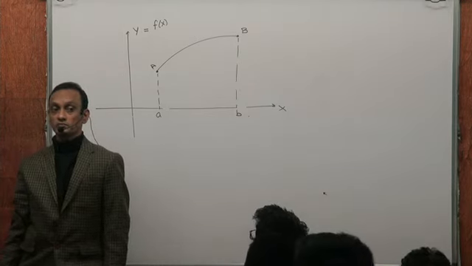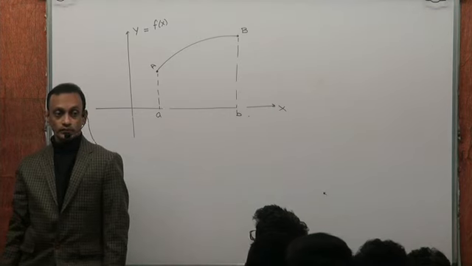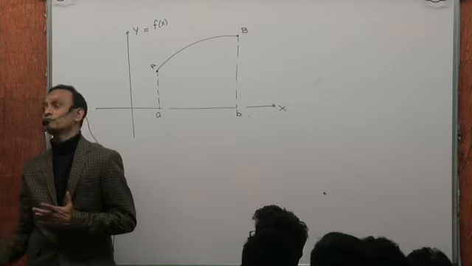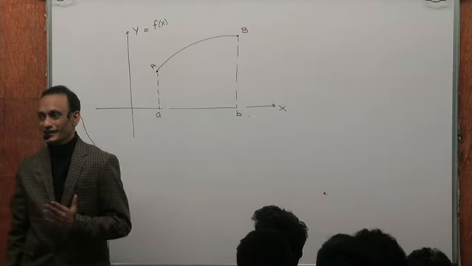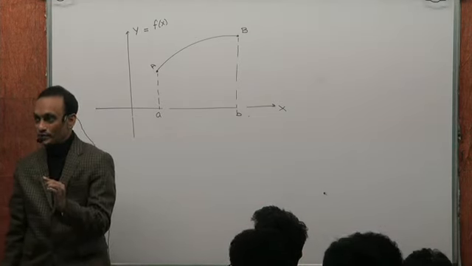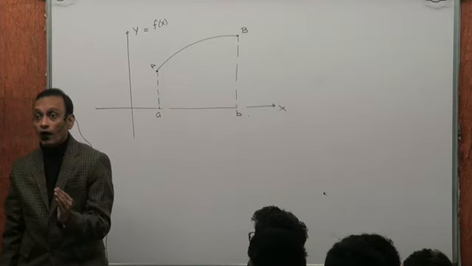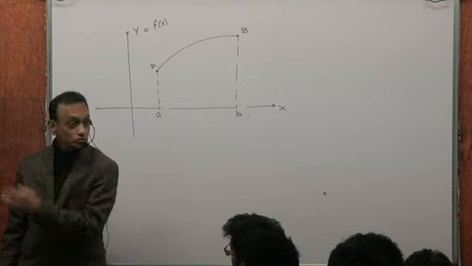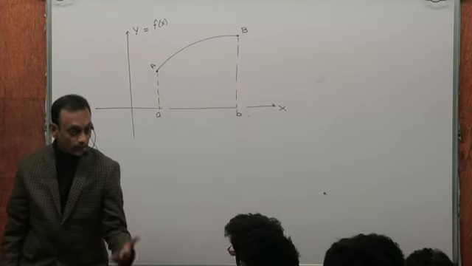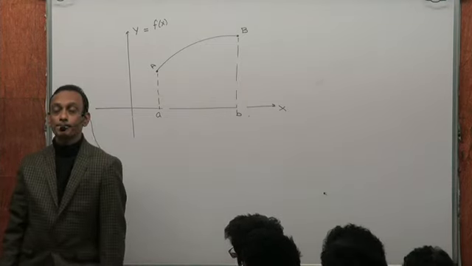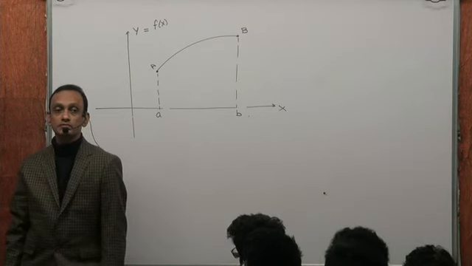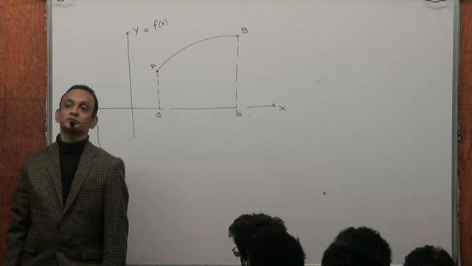Can you tell me? Area you know. Say somebody gives you a parabola y squared equal to 4ax, and you want to find the length of the arc of the parabola between x equal to 1 and x equal to 2, for example. How do I obtain that? Anybody? Any suggestions?